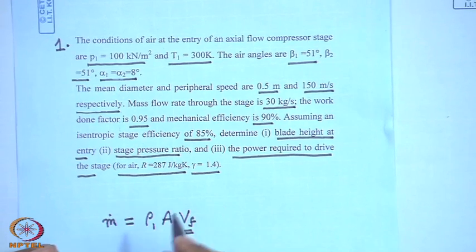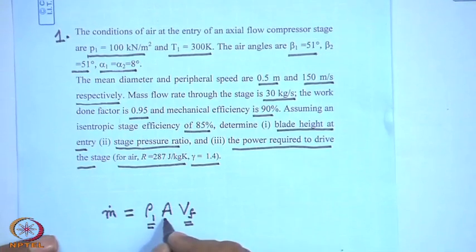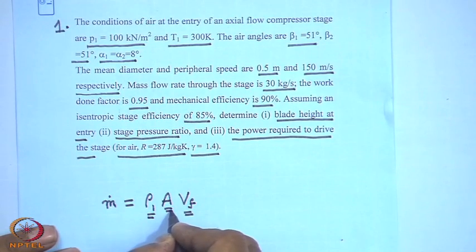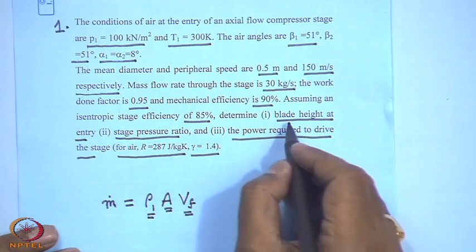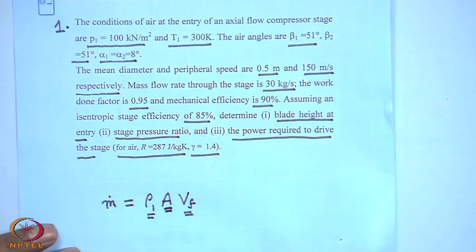First of all we have to find out A and rho 1. Within A, the annulus area, the blade height is there. The blade height can be found out from the annulus area A.